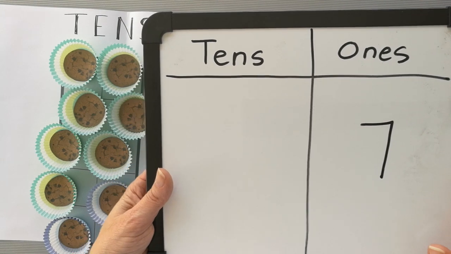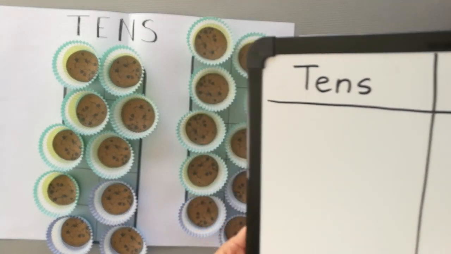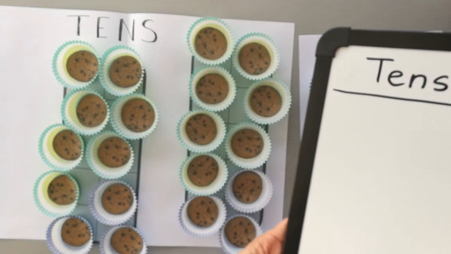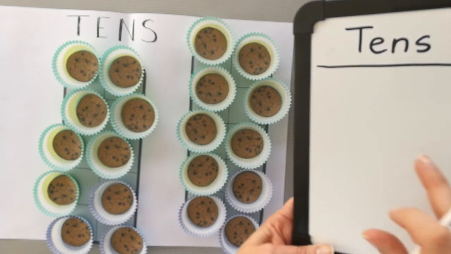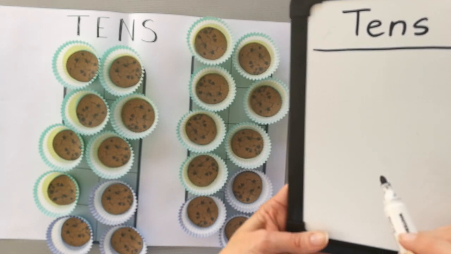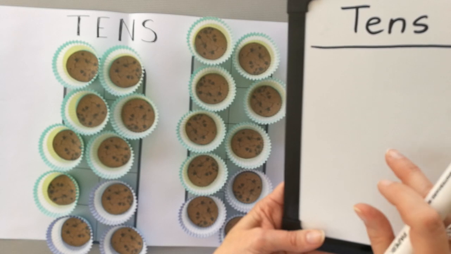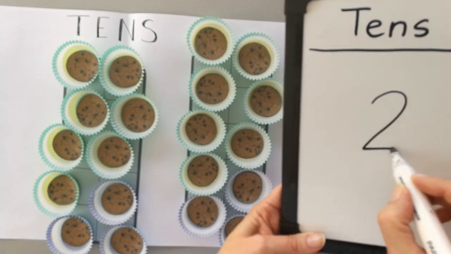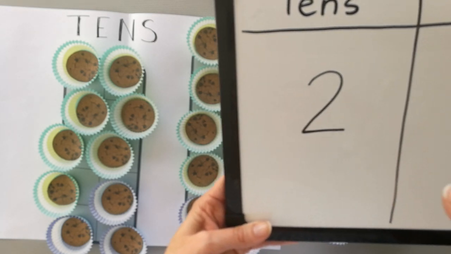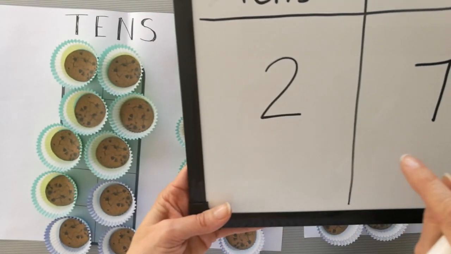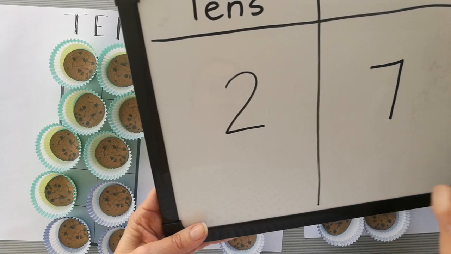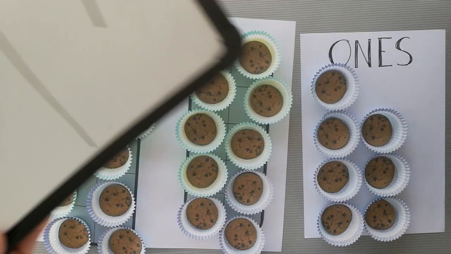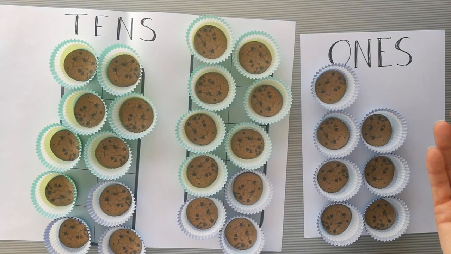And when we come over to this and we see our tens, how many are we going to write in our tens area, our tens place? That's right, a 2. Does that mean that I've got 2 and 7? Because when you add 2 and 7, that makes 9. I've got lots more than 9.